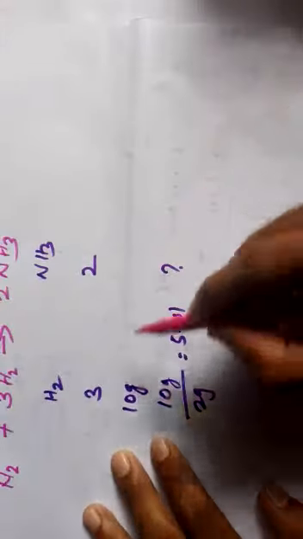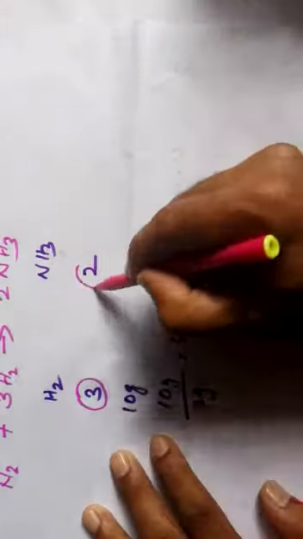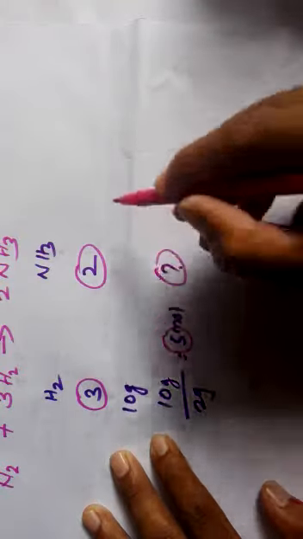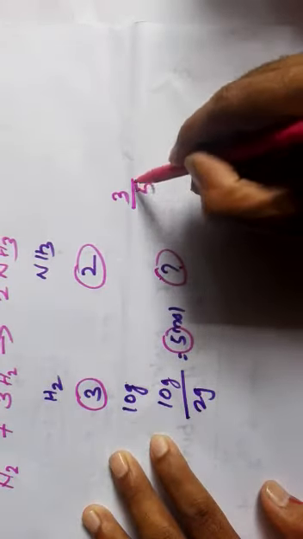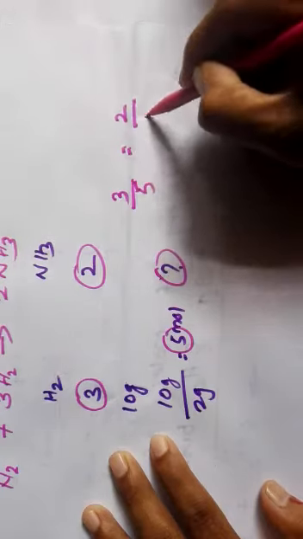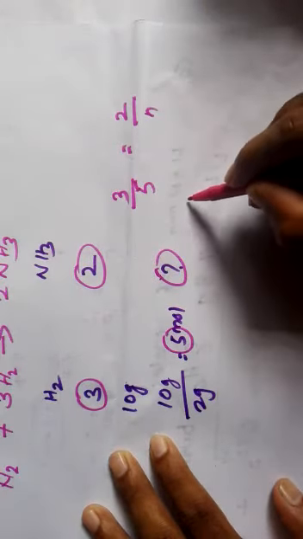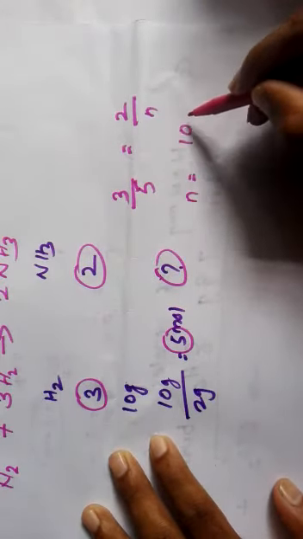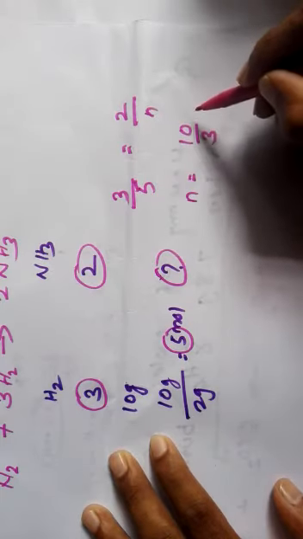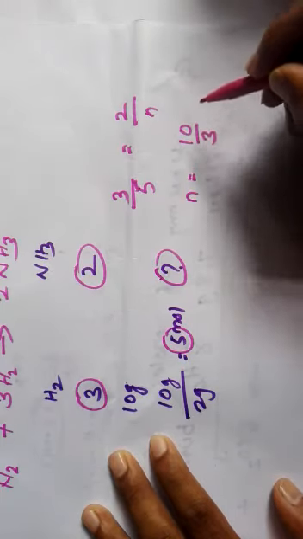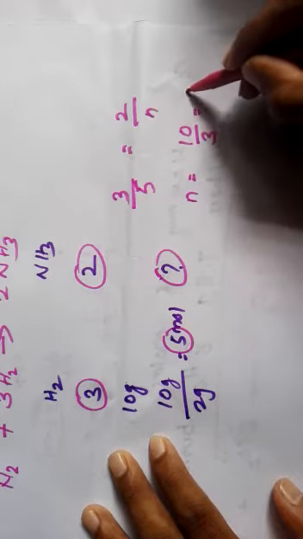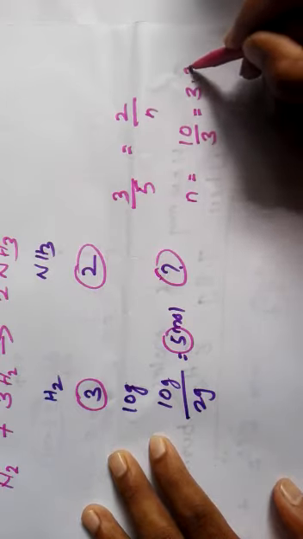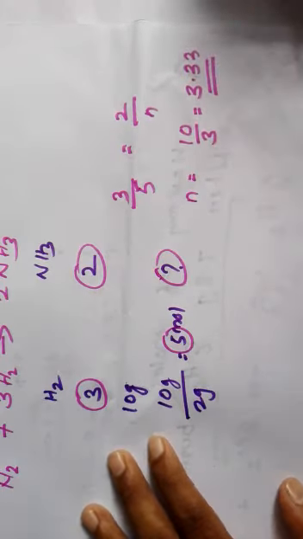Therefore make an equation like this. This is 3, 2, 5. This is 3 by 5 is equal to 2 by n. Therefore n is equal to 10 by 3, that is 3.33.